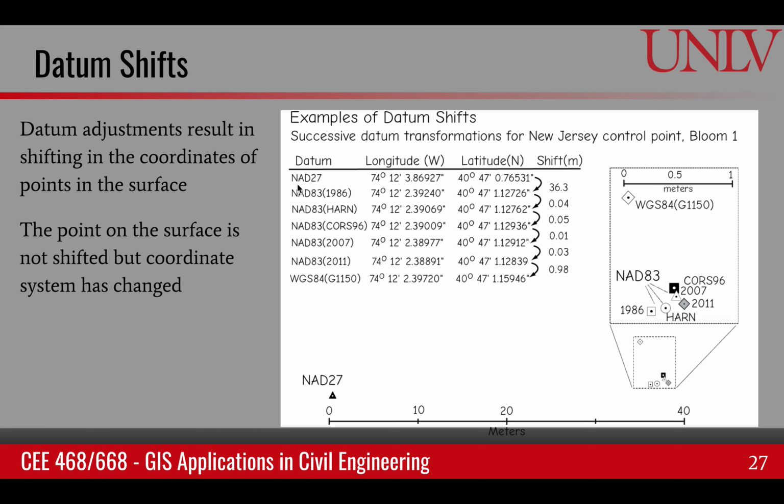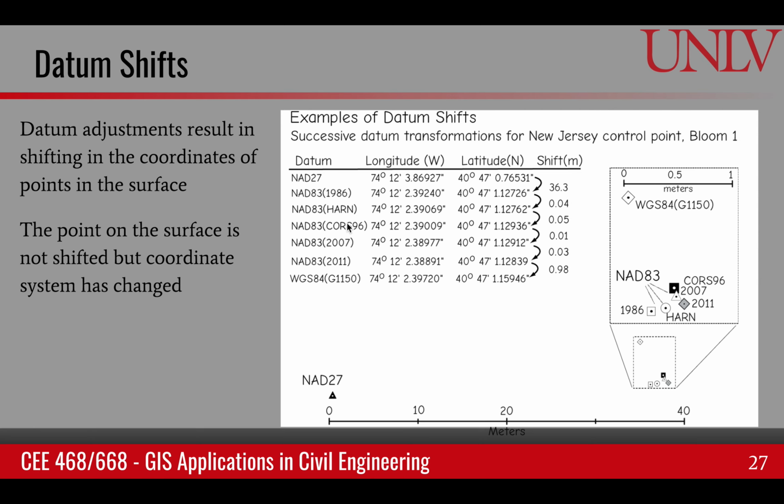When it was under North American Datum 27, it had these coordinates. Then when this datum was updated or adjusted in 1983, it moved by 36.3 meters, which is a significant shift.